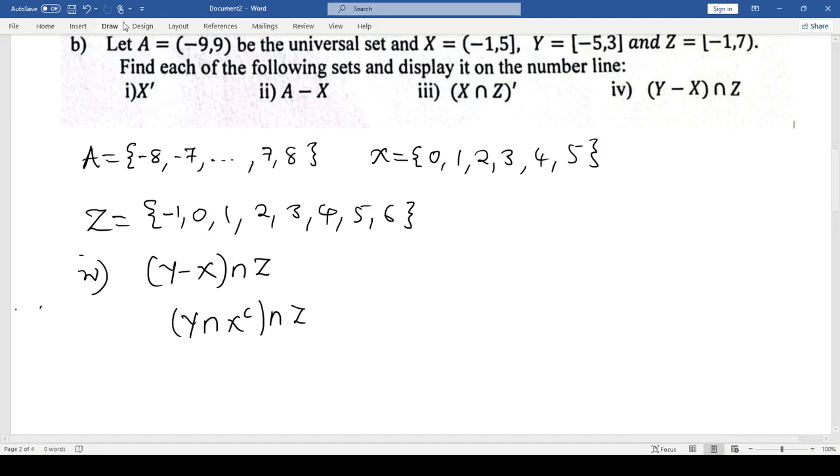So then here we can either try to distribute this z this side, or we can just go ahead and solve what's in the brackets, then whatever we find we intersect it with the set z here.